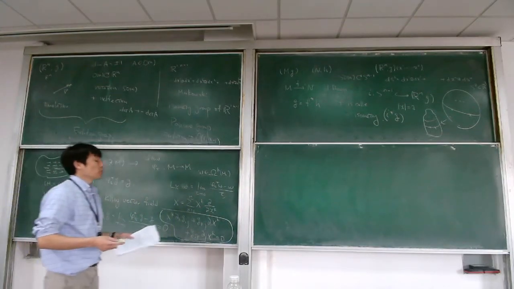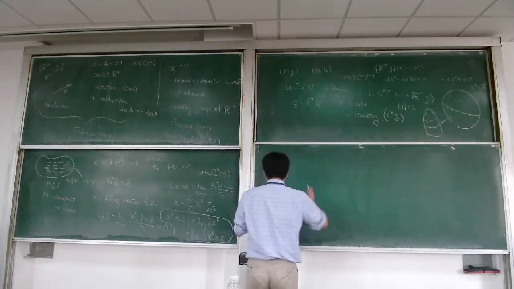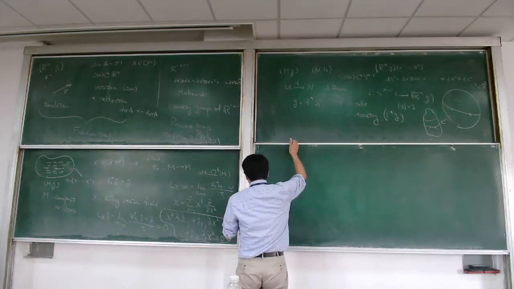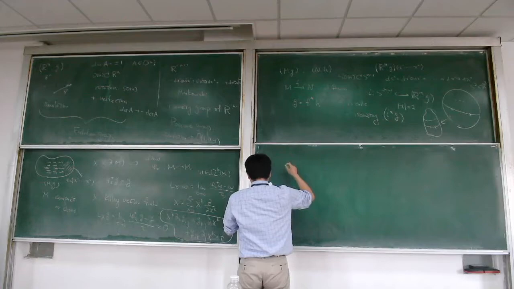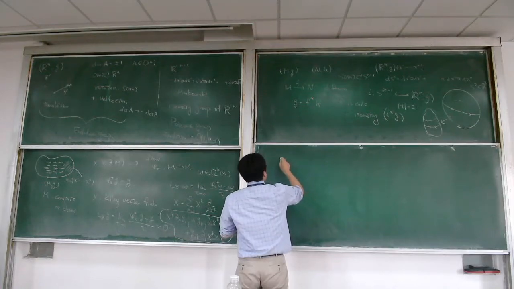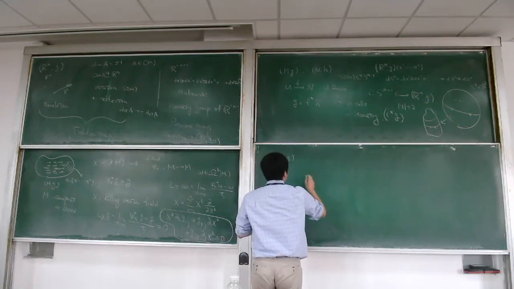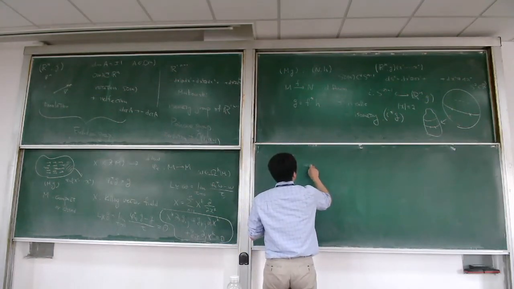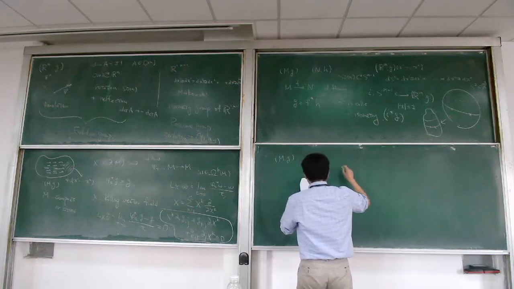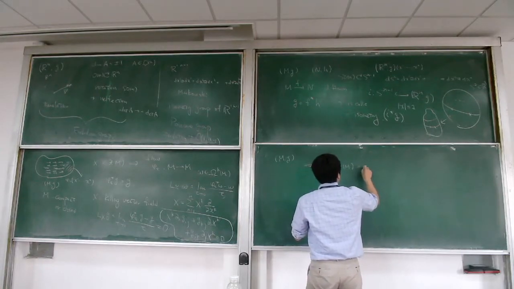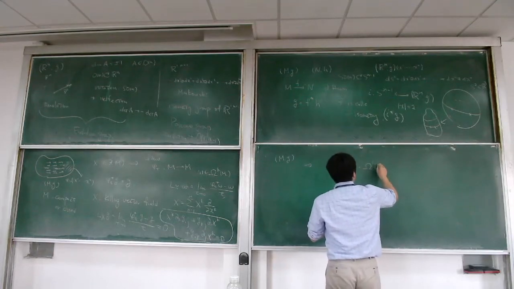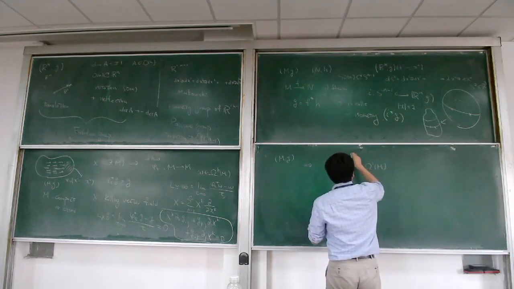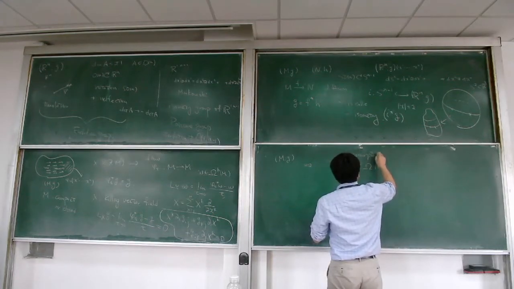So given a metric G, there is an isomorphism between vector fields and one-forms. Given a Riemannian metric, one can construct this isomorphism between the vector field and one-form.